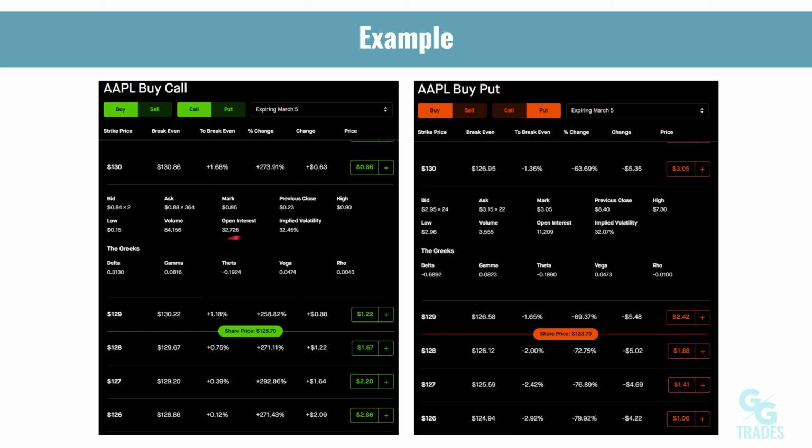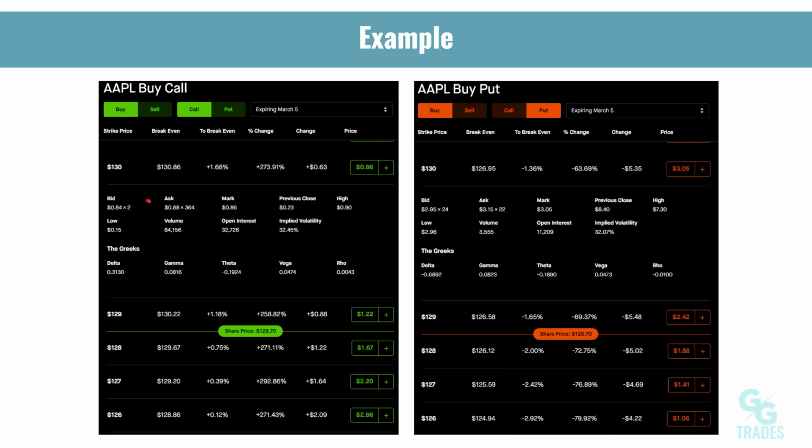The key here is that if you're looking at an options chain and you see one specific contract has a much higher open interest than another, like the difference between the 130 calls and the 130 puts, the open interest is higher on the call side and much lower on the put side. Typically that might give an indicator that a lot of people are more bullish, or are betting that Apple's going to go up. And that's the key when it comes to volume and open interest.